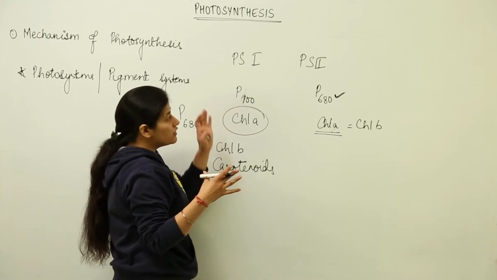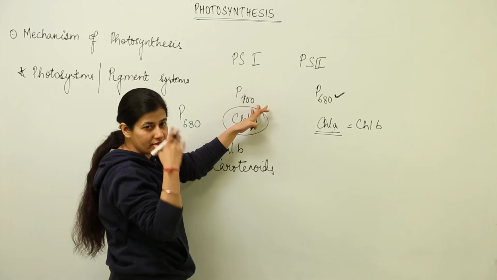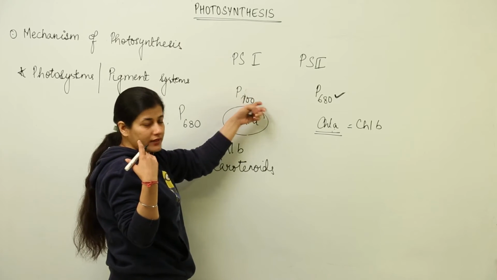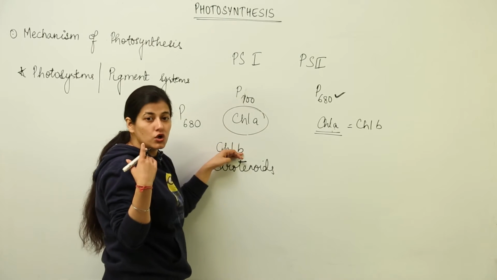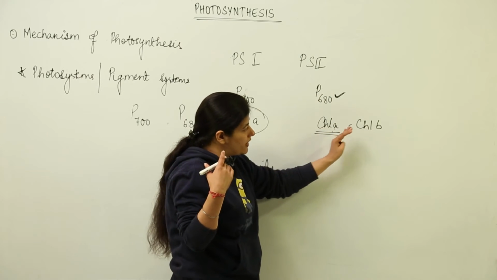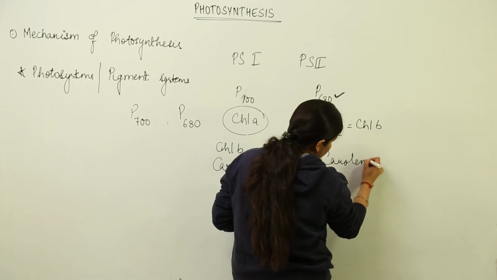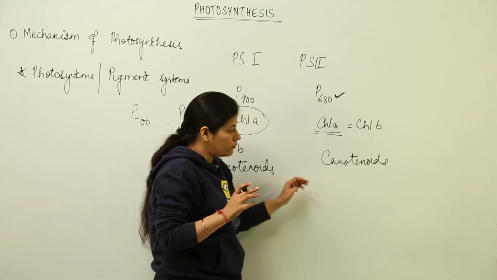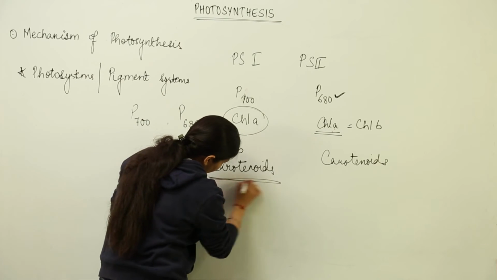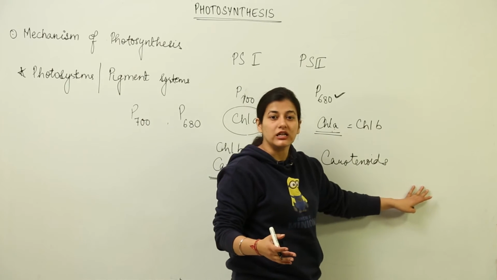Now the difference is that photosystem 1 corresponds to the 700 nanometer wavelength of sunlight, and will have the chlorophyll which is sensitive to this particular wavelength, and it would be more in number as compared to chlorophyll B. The one which corresponds to 680 nanometer wavelength will have equal amounts of chlorophyll A and chlorophyll B. The carotenoids, which would be present as accessory pigments forming the antenna molecules and the core molecules, would not be in that much quantity; comparatively, the carotenoids present in photosystem 1 would be lesser than those present in photosystem 2.